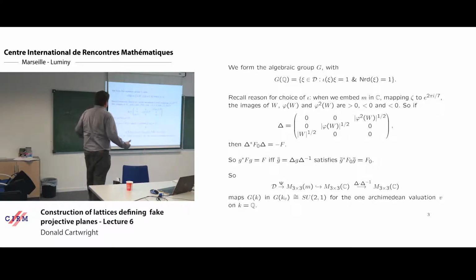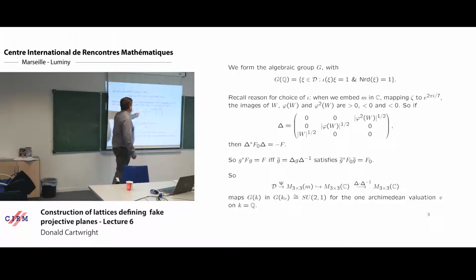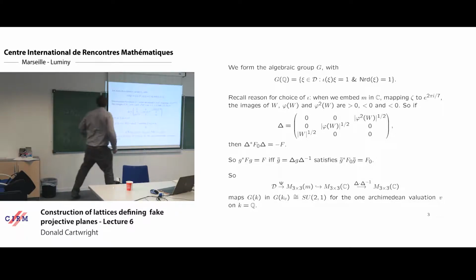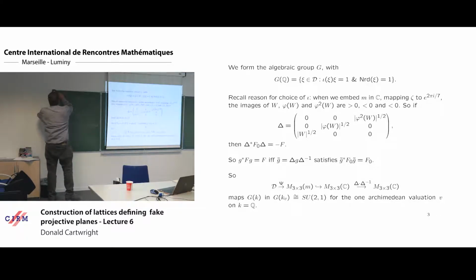So with that iota, we form this algebraic group. Remember, this reduced norm is just the determinant of psi.